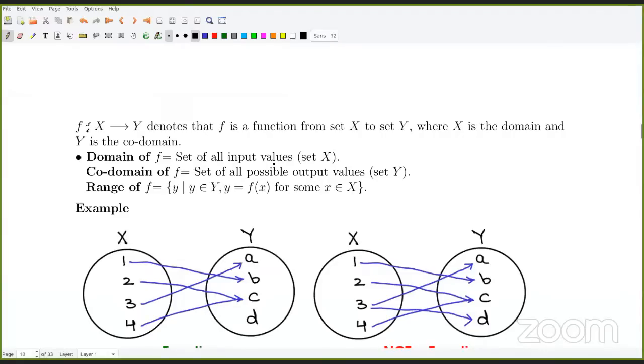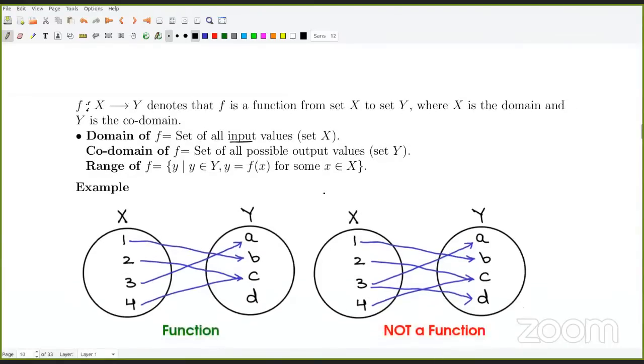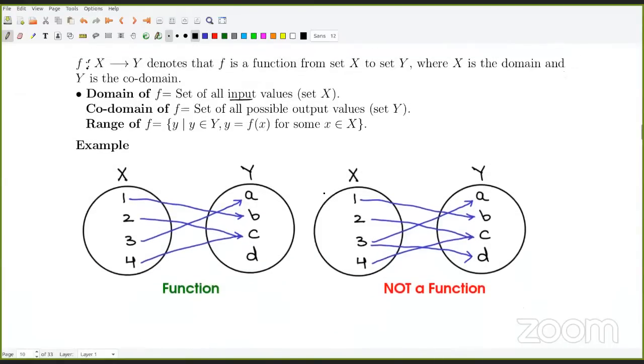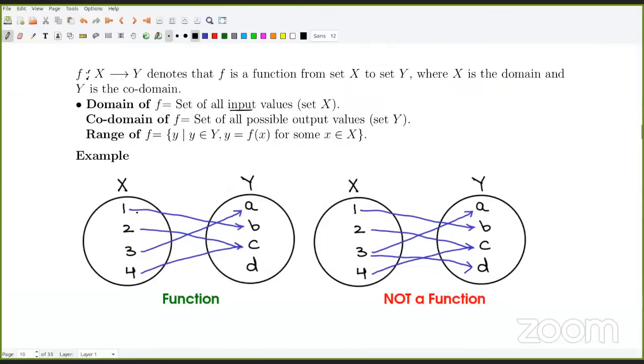When I input all x's, whatever outputs I get, if I club them into a set, that set is called the range. For example, 1 is mapping to b, 2 is mapping to c, 4 is mapping to c, 3 is mapping to a. So for every input, we have only one output.